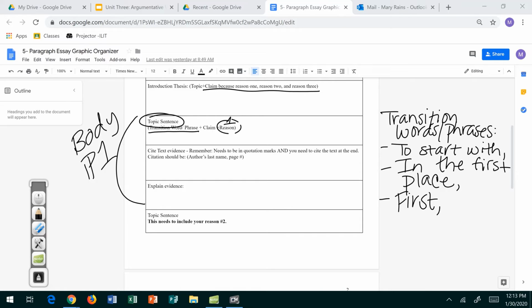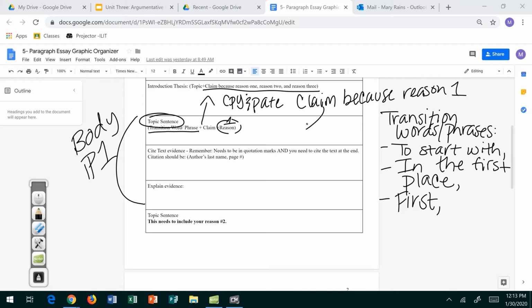So looking back at what that would look like, if you are making your claim, your argument, and you're trying to do this in an easy way, look back at your thesis, and all you're going to do is copy and paste your claim, and then put the because and reason 1.